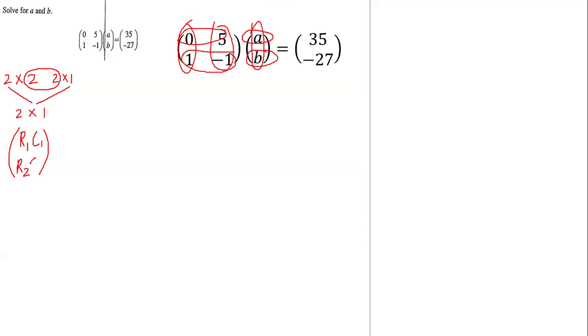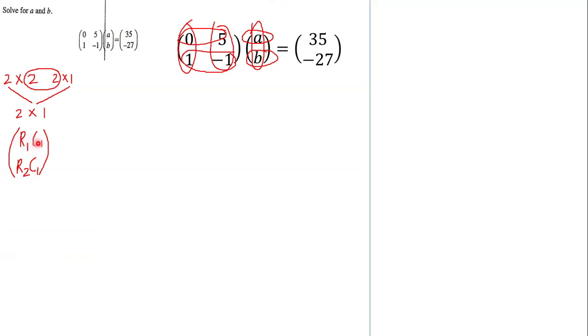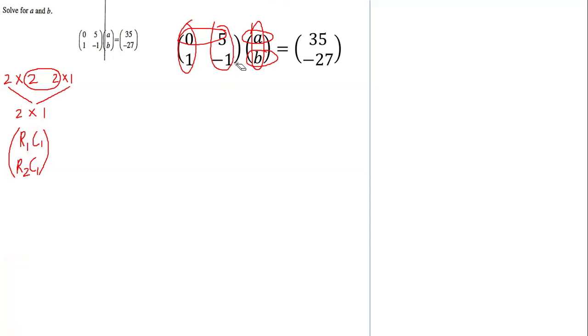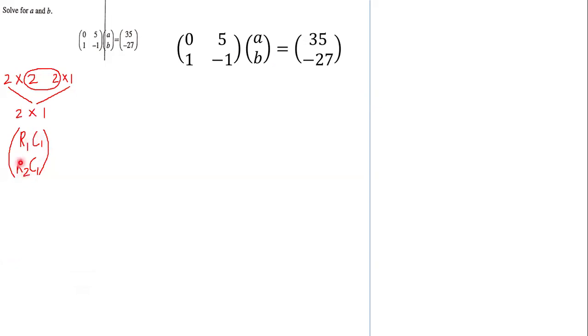So we're going to be left with a matrix that has 2 rows, but only one column. And so this matrix would have 2 entries.